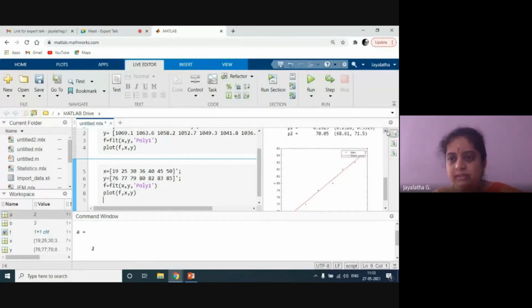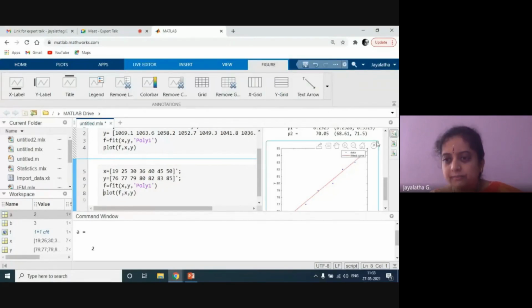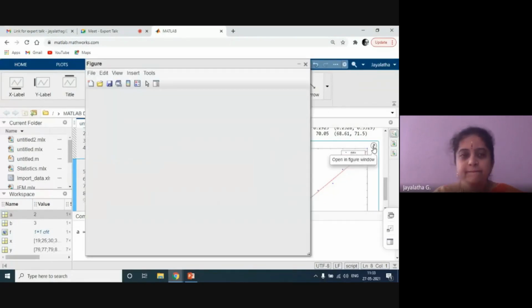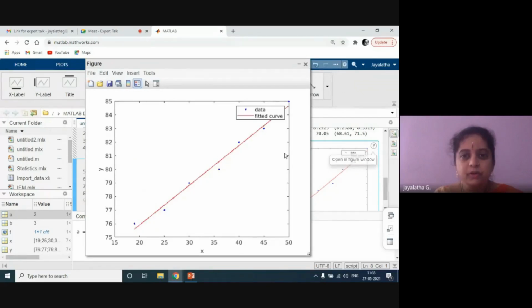I'll show you in a separate window so that we can analyze. Again, this was a small data. We could have these dots here. Forget about the red line for a moment. Observe the blue dots. You can make out we have to fit a straight line for the data. So this is your fitted curve.